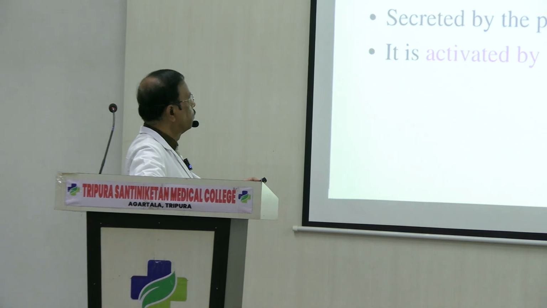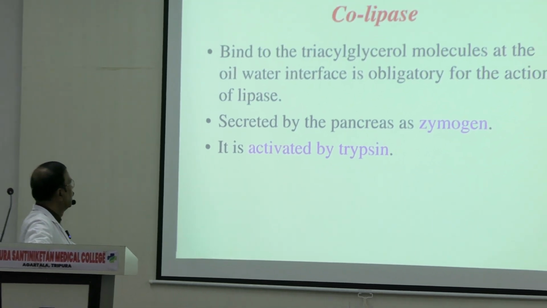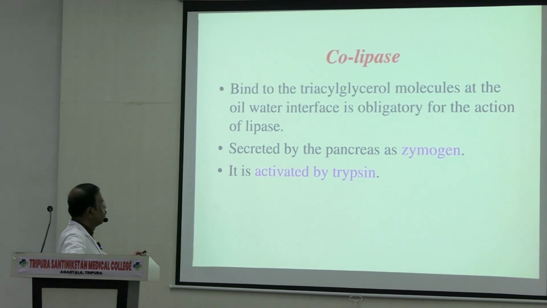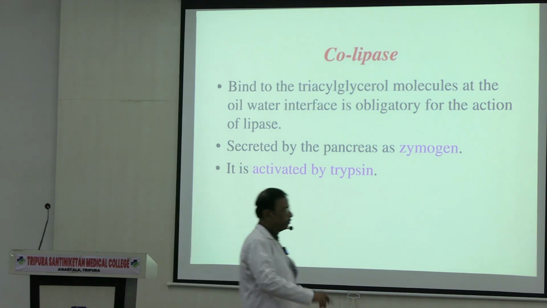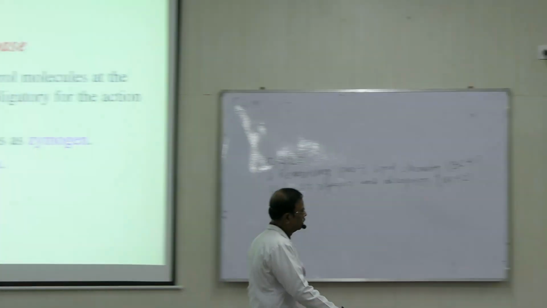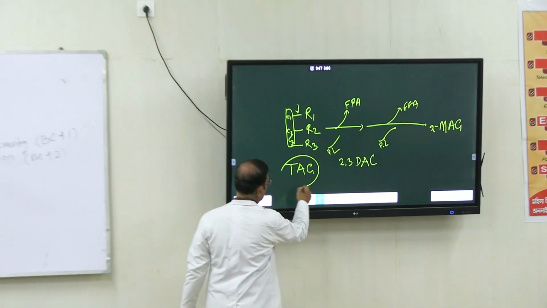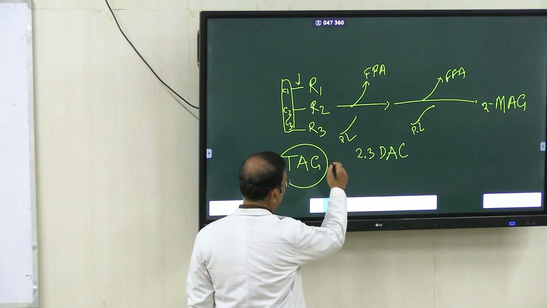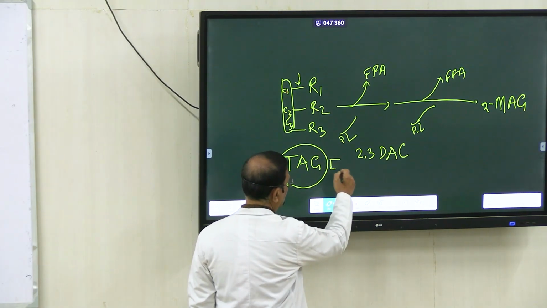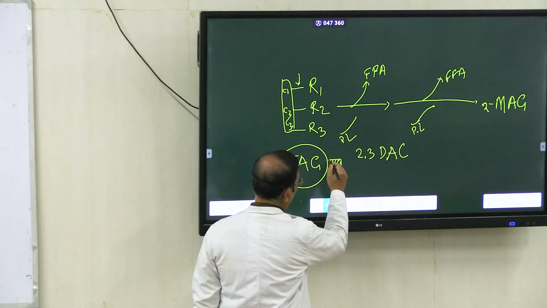Now the function of this is that it binds to the triacylglycerol molecules at the oil and water interface, obligatory for the action of lipase. So say this is the triacylglycerol and this is the enzyme. So they bind here.